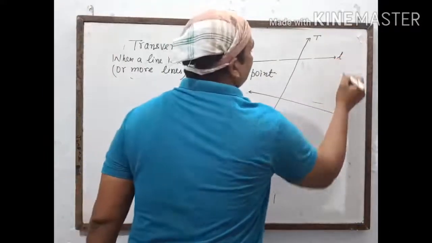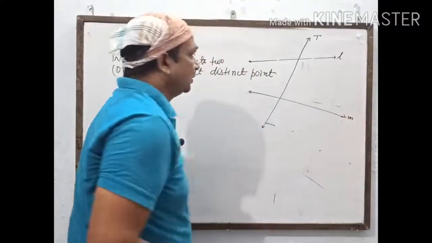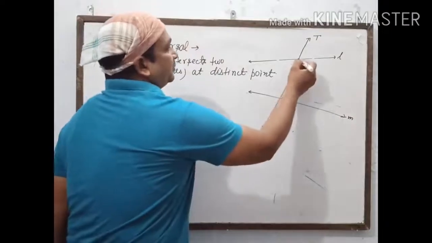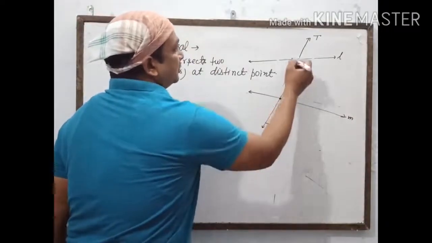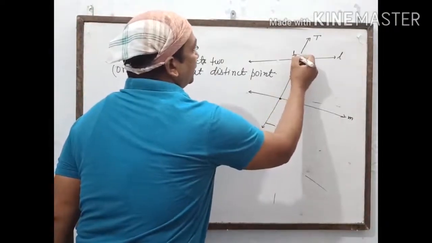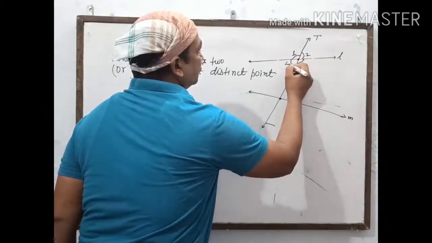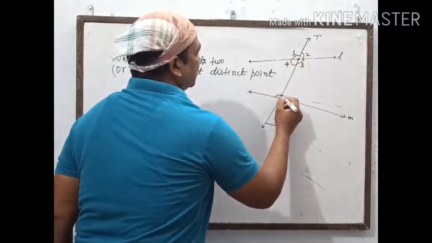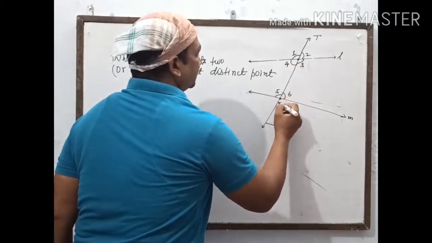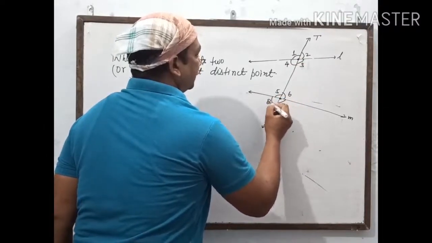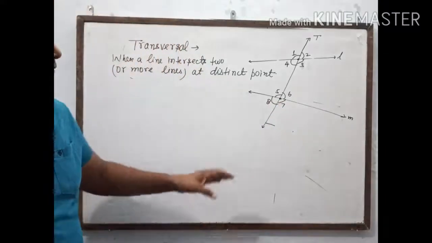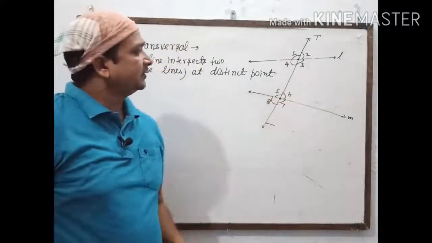Let this be L, this be M. Now at these points, if we count angles 1, 2, 3, 4, 5, 6, 7, 8, then we see that a total of 8 angles are formed.